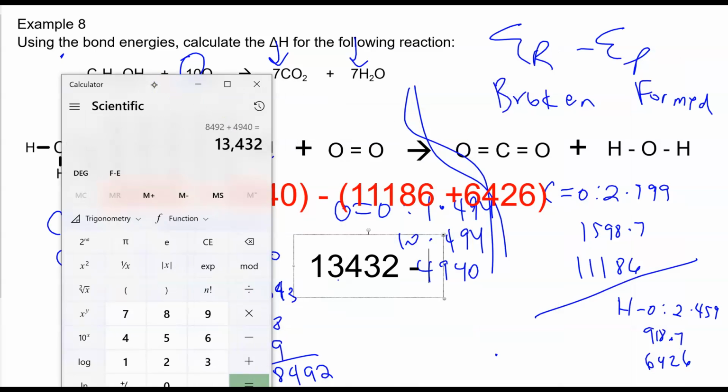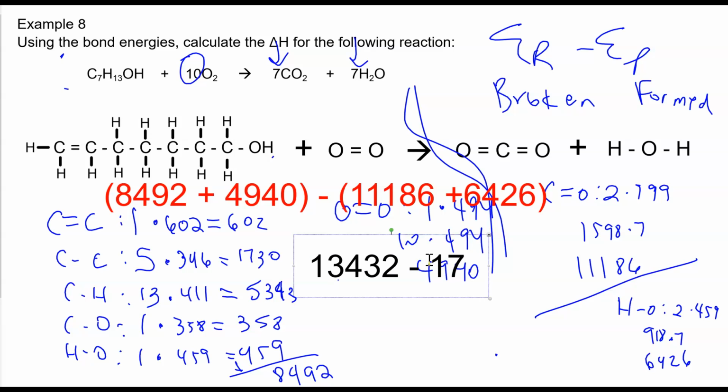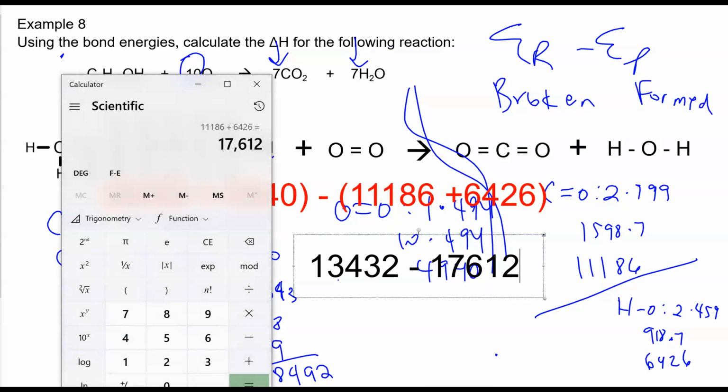And now let's do the other side. 11186 plus 6426 equals 17612. Let's verify that one more time. 17612.